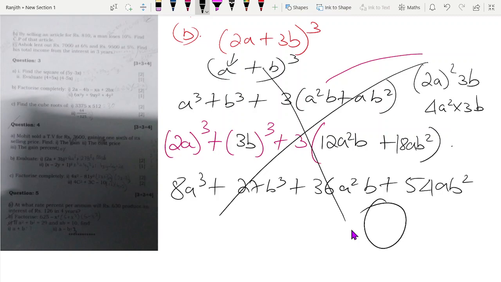Okay, remaining questions, you'll do it. Fine, try it, and the remaining I'll solve. Whatever is pending, I'll solve it on Tuesday.